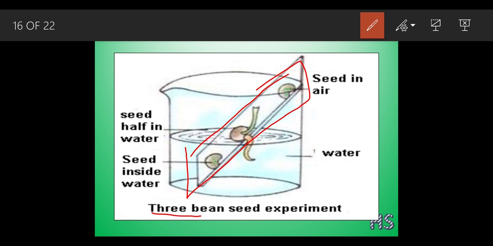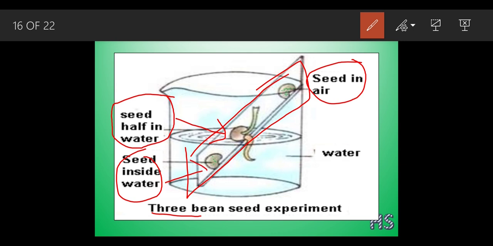One of the seeds is inside the water, one of the seeds is completely in the air, and one of the seeds is half in water and half in air. So this part of the plank is half in water and half in air.